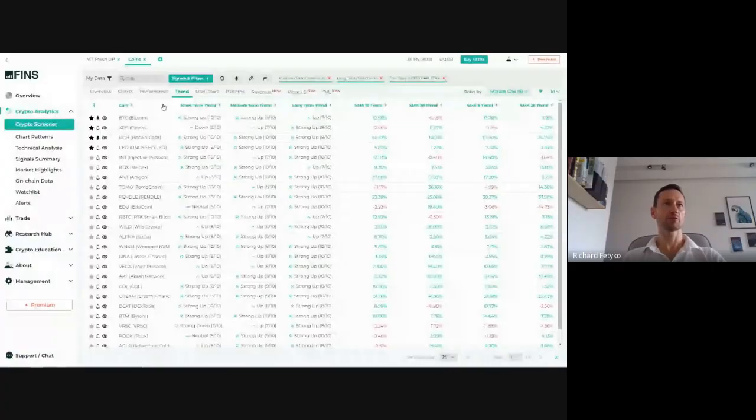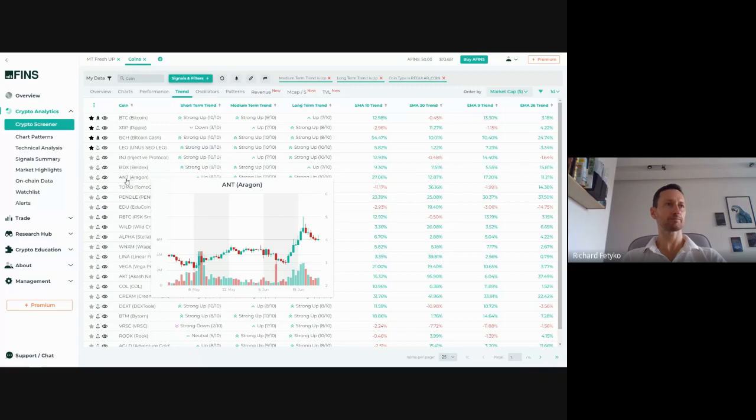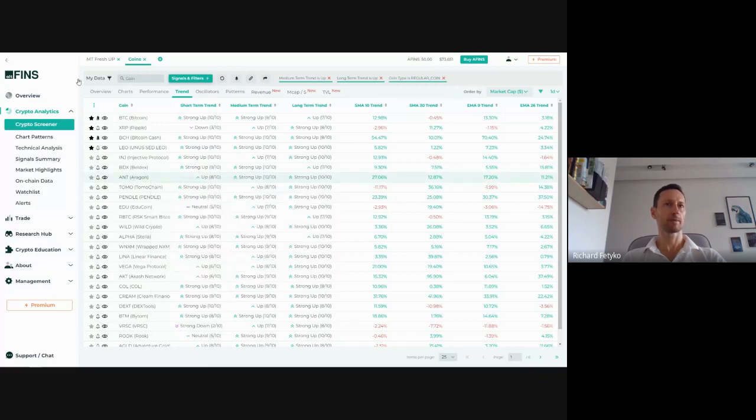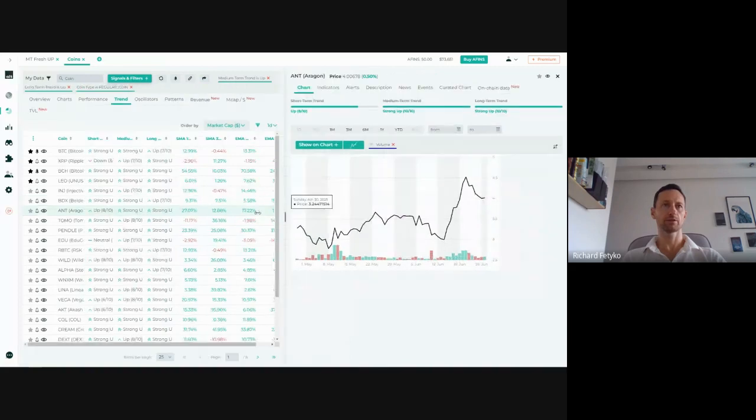So now I'm back in the platform here, right? We still have the results of our filter where we found assets that are in an uptrend on the medium and the long-term basis. Here's the list. Let's take a look at Aragon. All right, let's expand this chart.